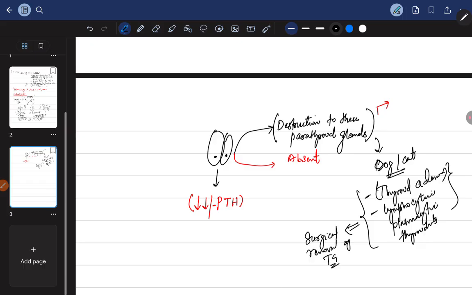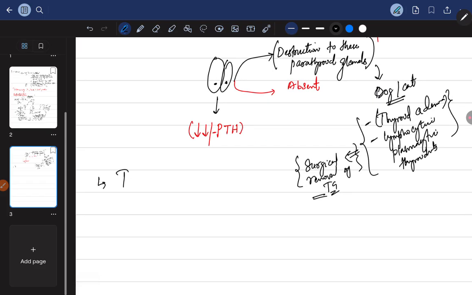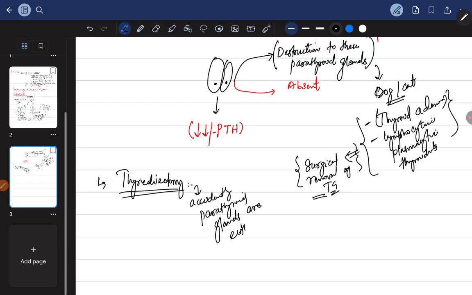So what happens is that when the surgeon is performing the thyroidectomy, removing these thyroid glands from the patient, accidentally, because these are in close proximity, the parathyroid glands are either destroyed or removed.